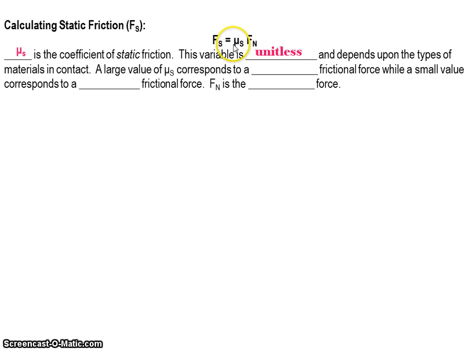So these are values that you can look up in tables to find, or you can solve for them based on some experimentation, which we'll be doing later in one of our inclined plane labs. The larger the coefficient of static friction, the larger the frictional force, and a small value for that means small frictional force. Fn, we've already talked about, is the normal force.